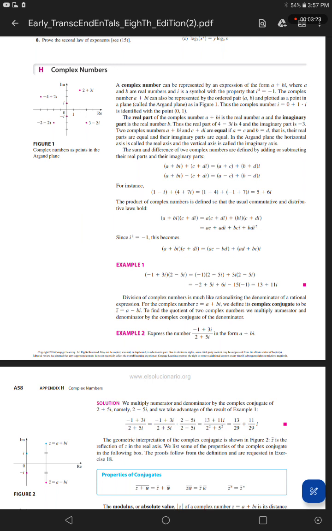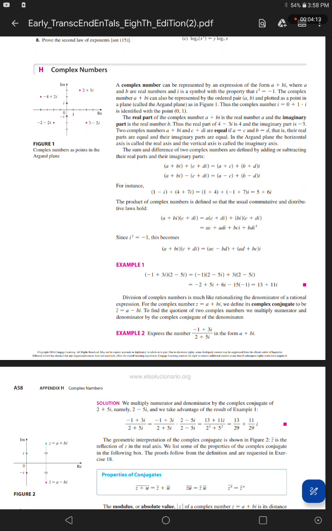The product of complex numbers is defined so that the usual commutative and distributive laws hold. (a plus bi)(c plus di) equals a(c plus di) plus (bi)(c plus di) equals ac plus adi plus bci plus bdi squared.